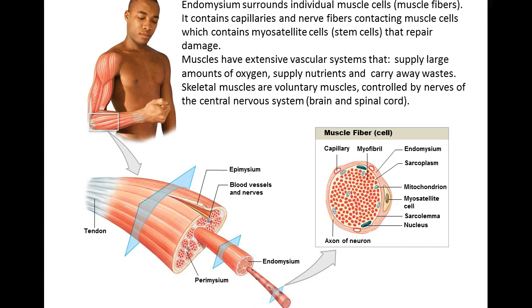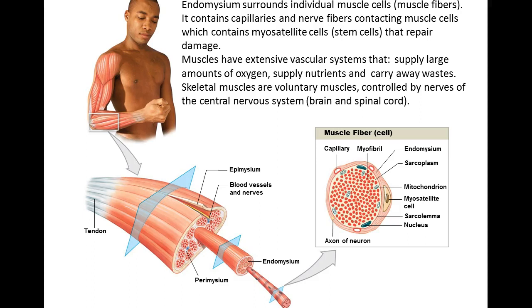This is where you have the smallest level of vascularization, so capillaries, and you're going to have the terminal aspect of the nerve fiber. This terminal aspect of the nerve fiber is going to form the neuromuscular junction, the area where a nerve actually innervates contracting muscles. And also, one other little key player there, the myosatellite cells.